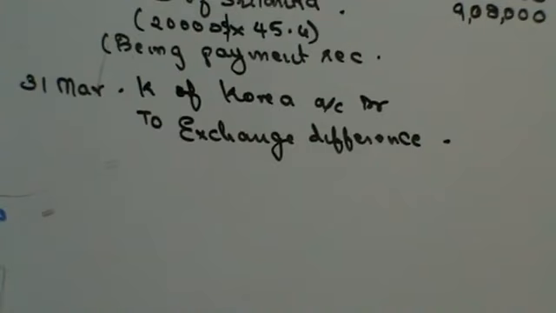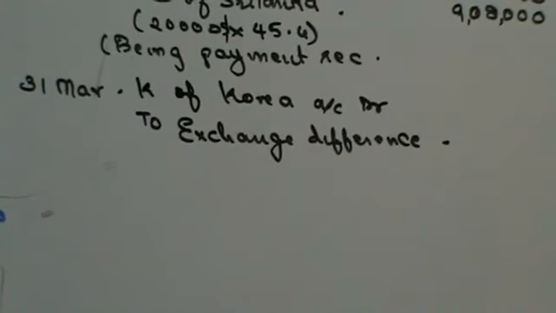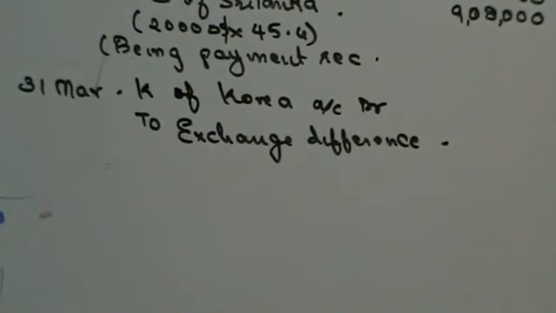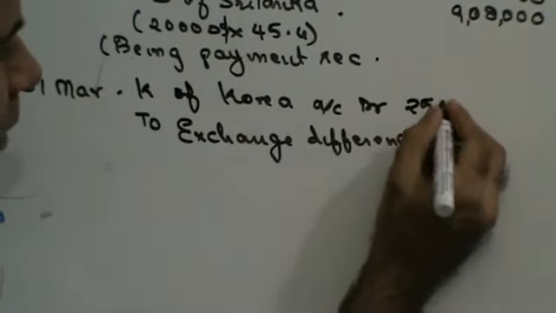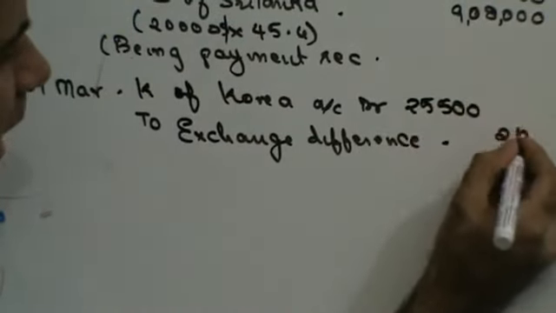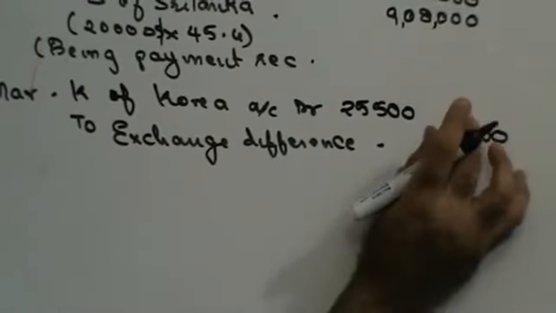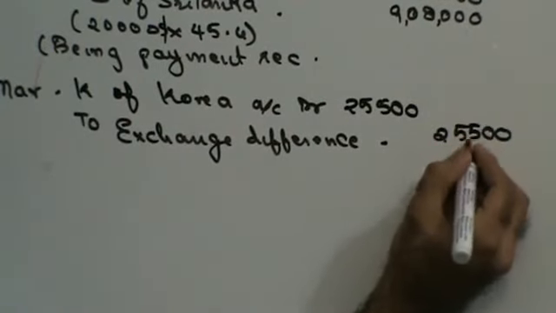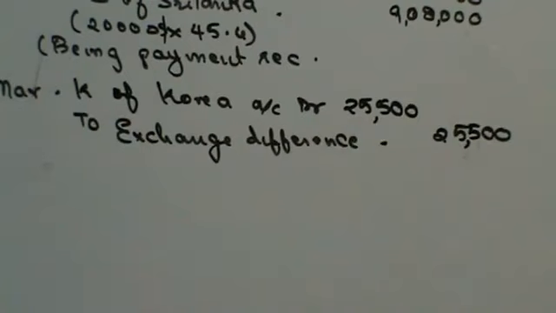How much payment I haven't made? I haven't made a payment of $15,000 into 15,000. 25,500. I haven't made a payment of 25,500. On that, I'm making this profit.